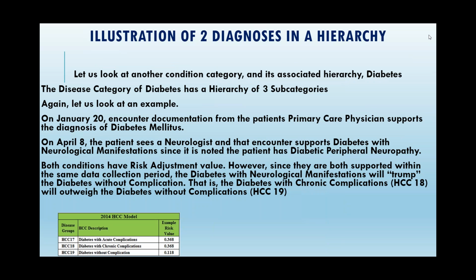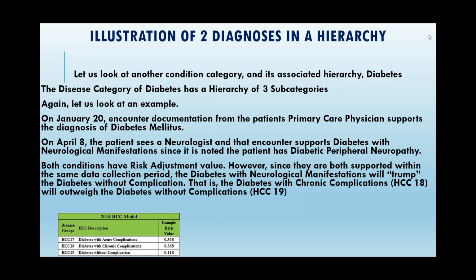On January 20th of a review period, encounter documentation from the patient's primary care physician supports the diagnosis of diabetes. On April 8th, the patient sees a neurologist, and that encounter supports diabetes with neurological manifestations since it is noted that the patient has diabetic peripheral neuropathy.